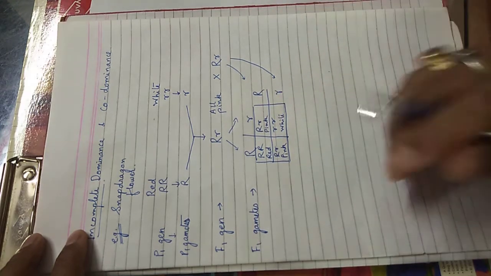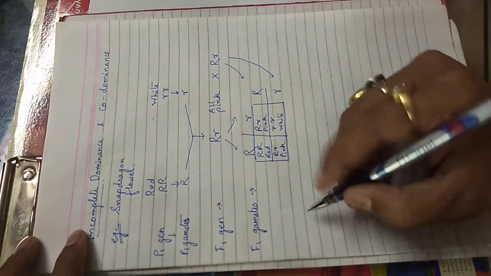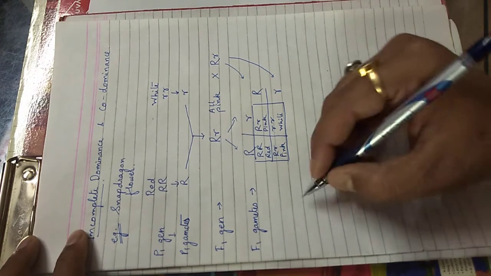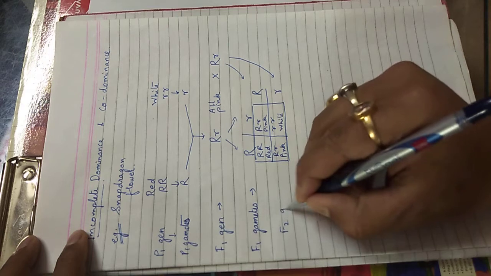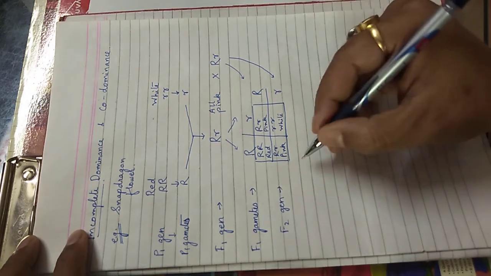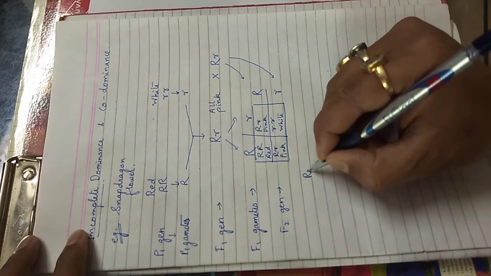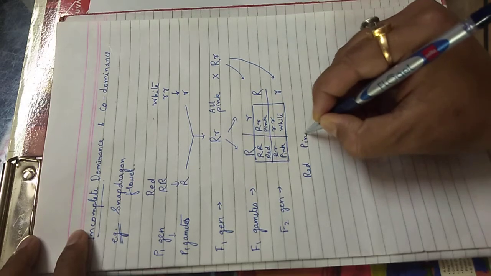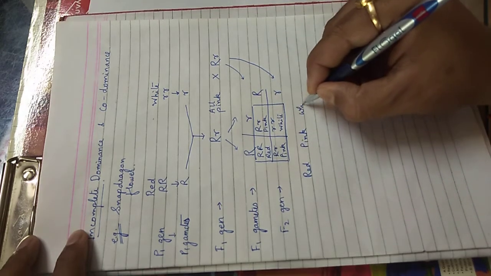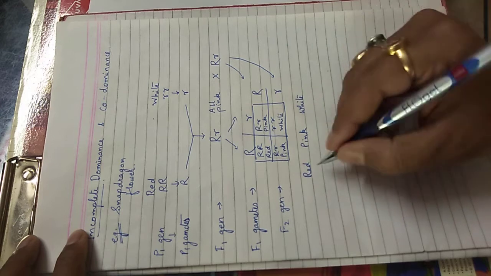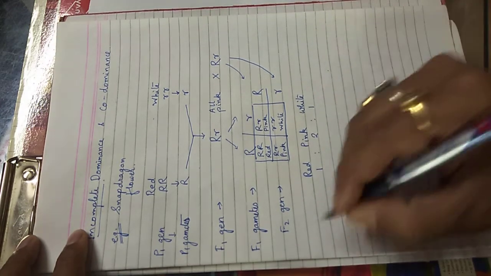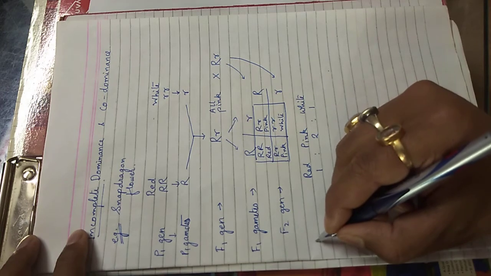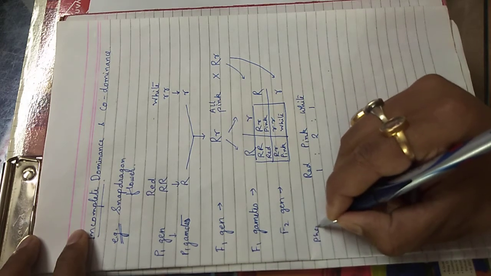So in case of incomplete dominance, what do we find? We find that in the F2 generation there are three phenotypes: we have red, we have pink, and we have white, all three coming out in the ratio 1:2:1. This is known as the phenotypic ratio.